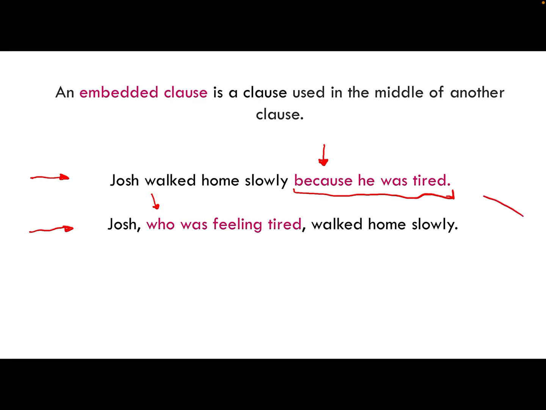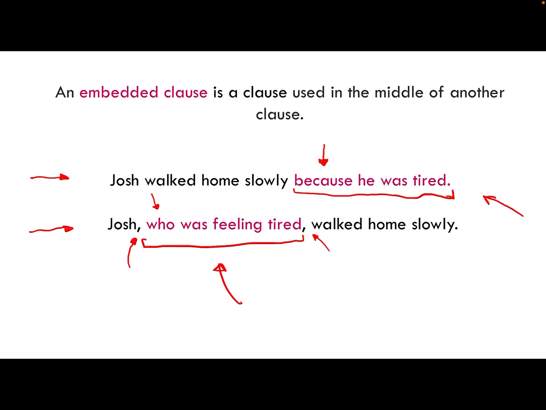This time, instead of placing it at the end, we've placed it right slap bang in the middle. And to show that that's sort of like the additional piece of information, we would place that in commas.